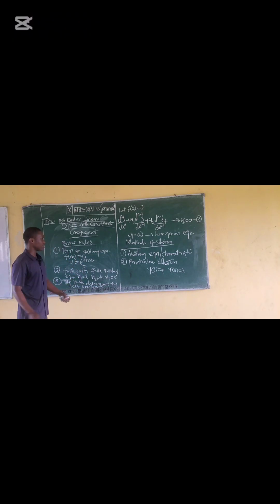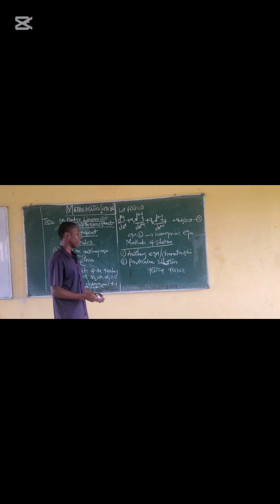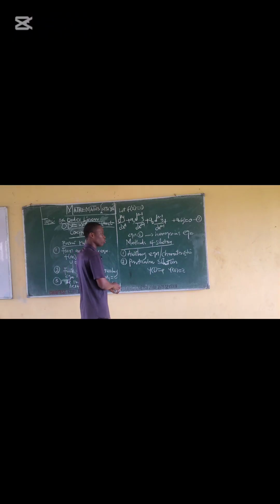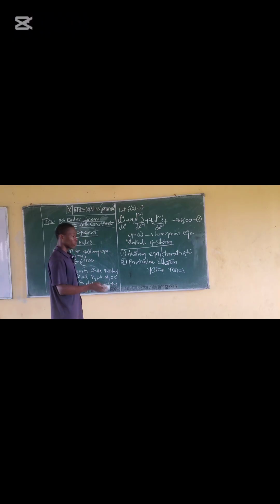All right, why I say this is because the roots you will get from an auxiliary equation can either be a real and distinct root, it can either be a real and repeated root, and it can also be a complex and imaginary root. So I'm going to give you some basic rules, some guidelines you follow when it comes to different roots in an auxiliary.